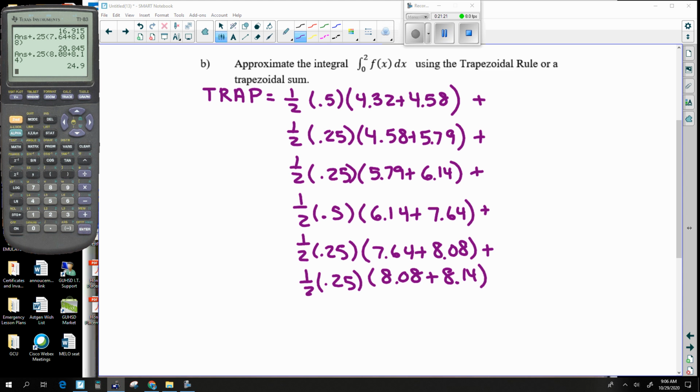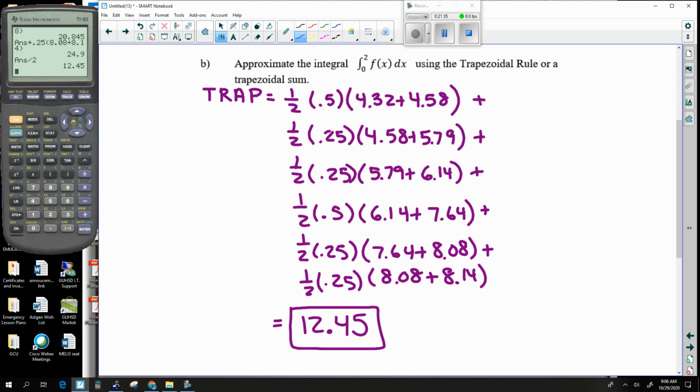Okay, so that's all that, and then again I GCF'd out 1/2, so ultimately I have to divide by 2. So that's our trapezoidal approximation.